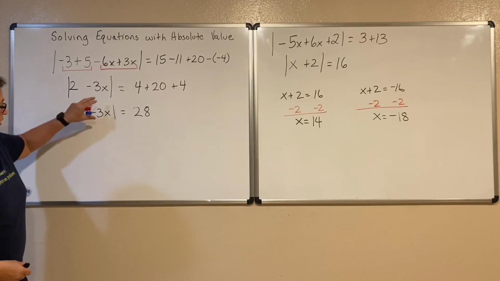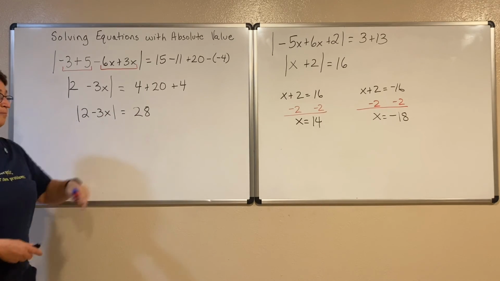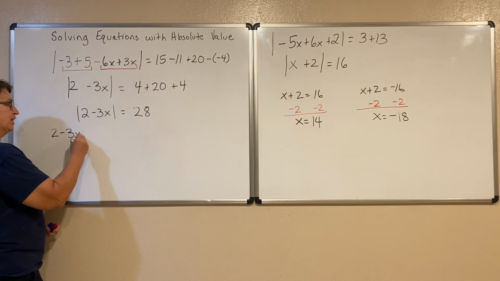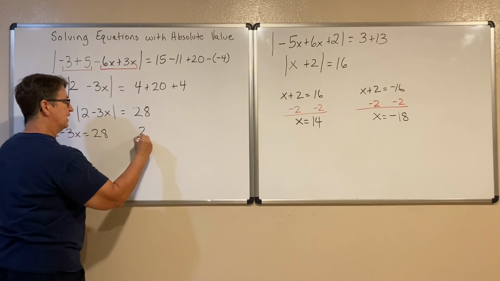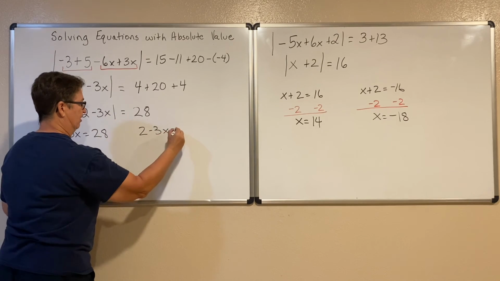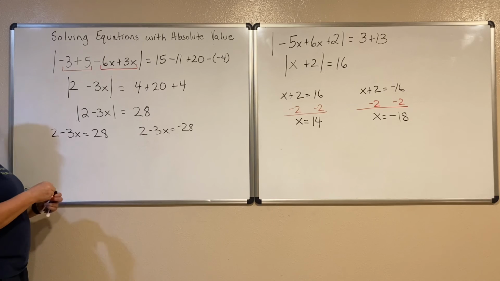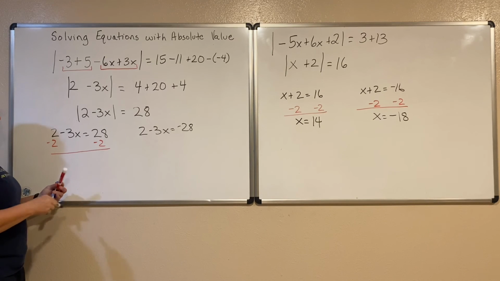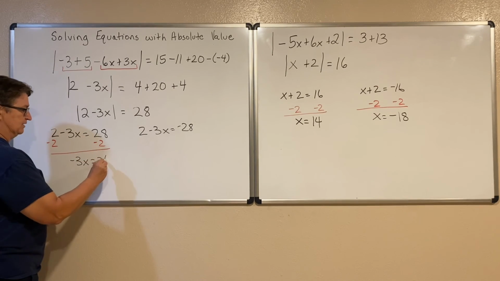Now that I've got my absolute value is equal to a number, I need to make sure that it can be either equal to the positive version of that number, or it could be equal to the negative version of that number. And then I simply solve my equation. So I'm going to subtract 2 from both sides, which leaves me with a negative 3x equals 26.